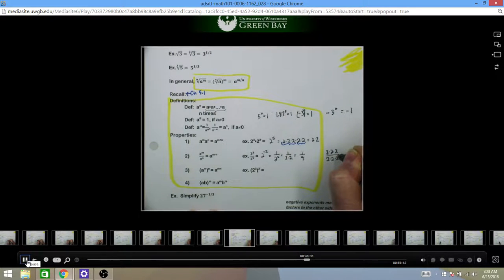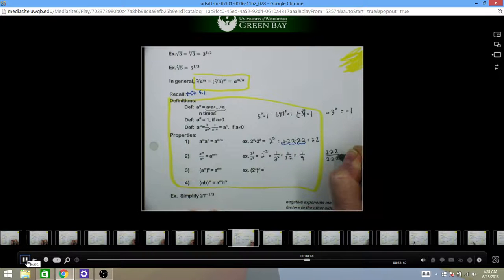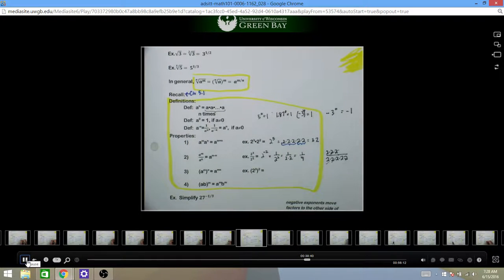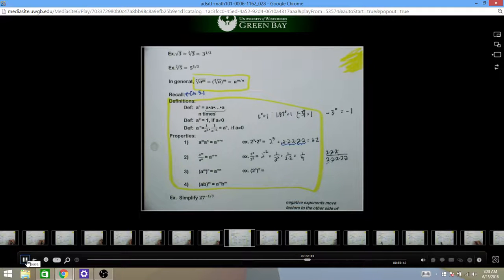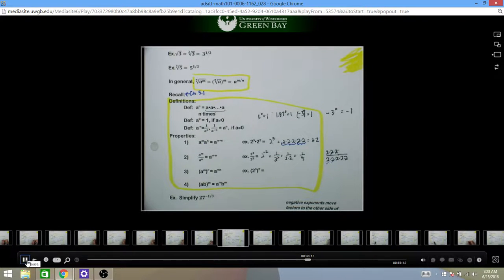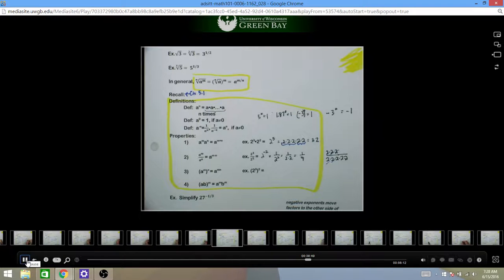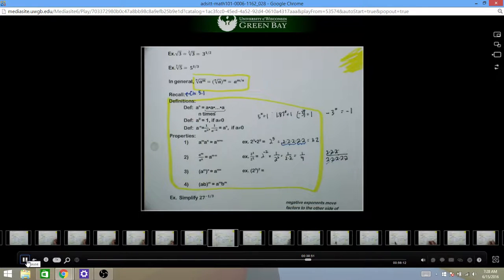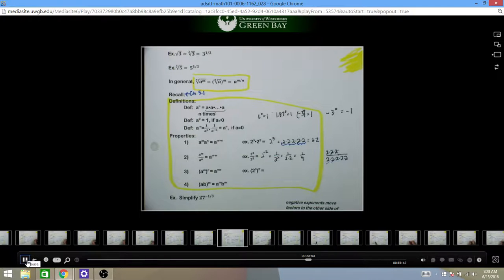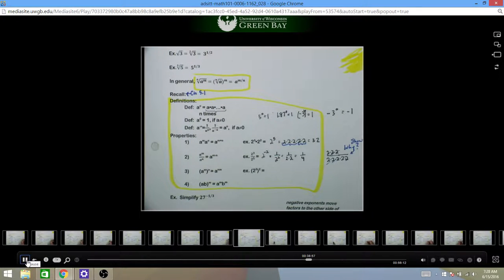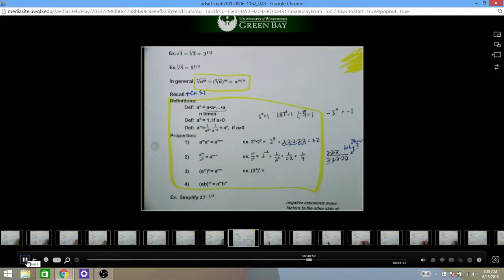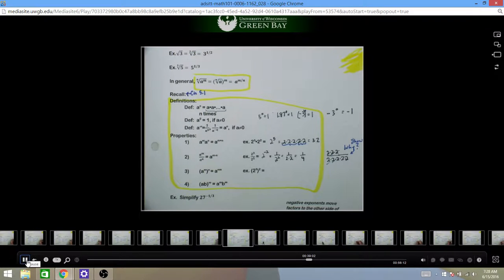And so 3 of those 2's divide away, leaving the 2 times 2 in the denominator. So this is showing why. Why does that property work? So the subtraction divides away the common factors of 2.